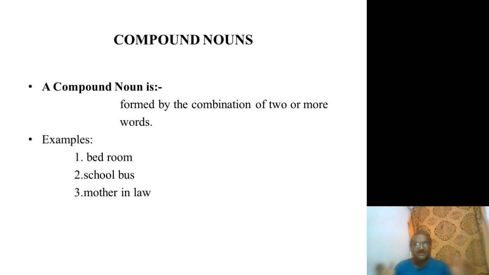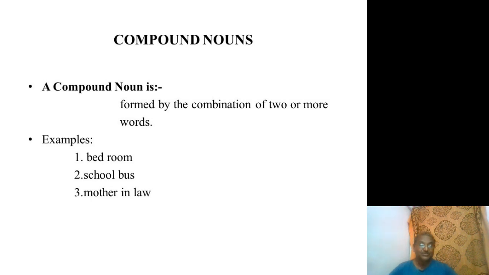But when you club these two words, it becomes a common word, called bedroom. When you want to refer to a room where people sleep, that's called bedroom. Two different words clubbing together and forming a separate word, that's called compound noun.